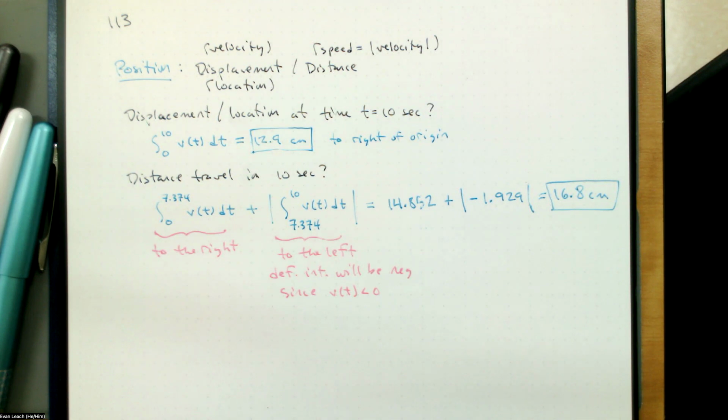The particle is located at 12.9 centimeters from the origin, but it had traveled a distance of 16.8 centimeters, because for part of the time it was going the other direction.